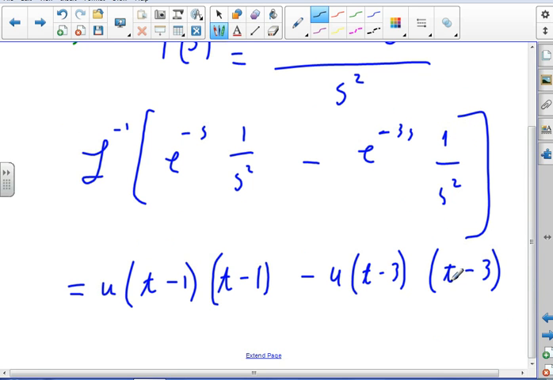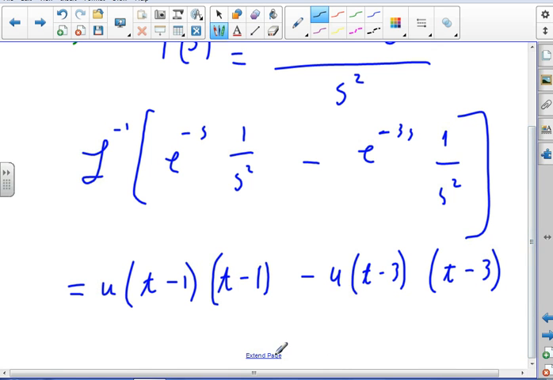So that's the t, and there's the minus a. A is 3. Where's the F in front of the u? That's f right there. t minus 3 is f.